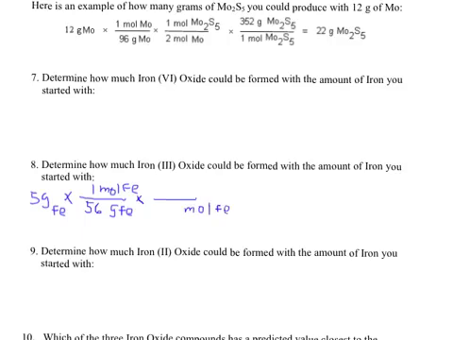And at this point, I'm going to turn moles of iron into moles of iron 2 oxide. Now, if you'll recall, the chemical formula for iron 2 oxide is Fe2O3. So what I'm going to do now is put moles of the compound up above. We do this quite a bit in stoichiometry, which is what we're doing. We are going to say how many moles of Fe are there in 1 mole of this?